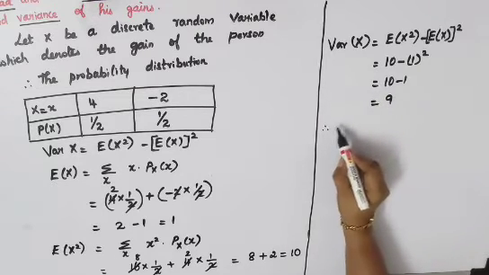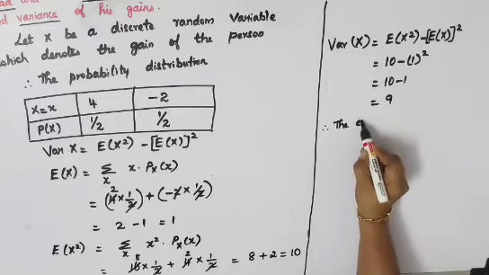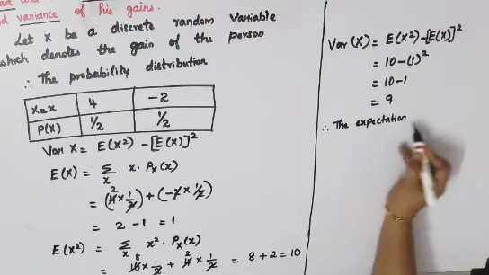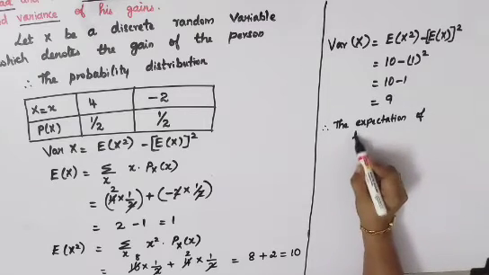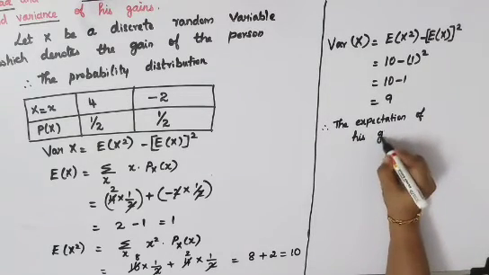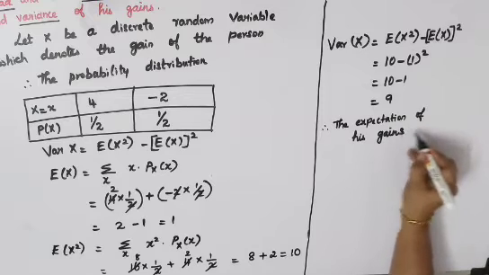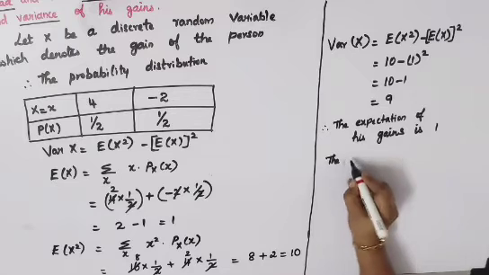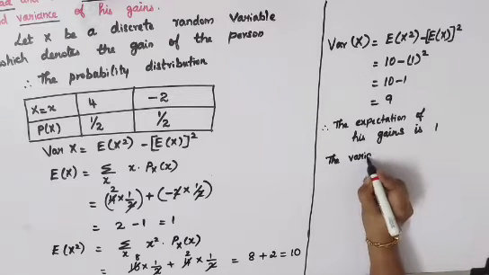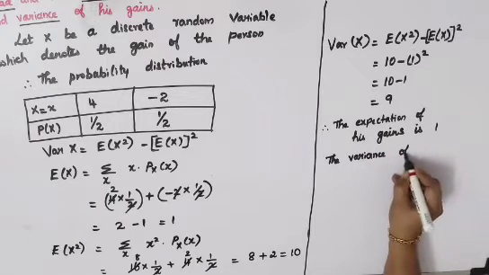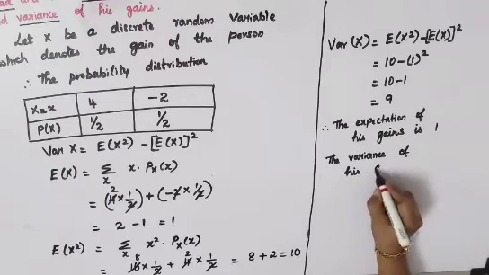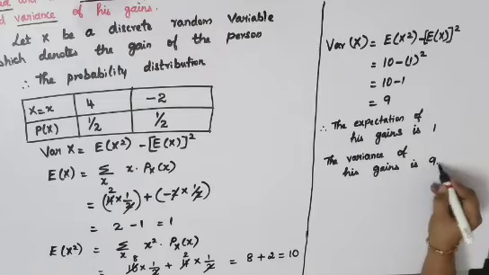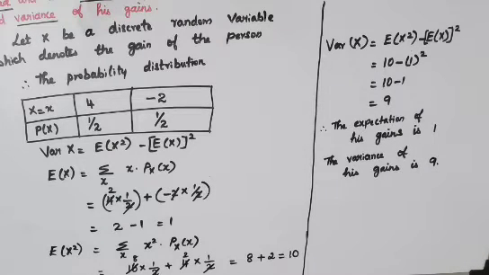Therefore your answer is, the expectation of his gains is 1. The variance of his gains is 9. So this is the answer for your 14th question.